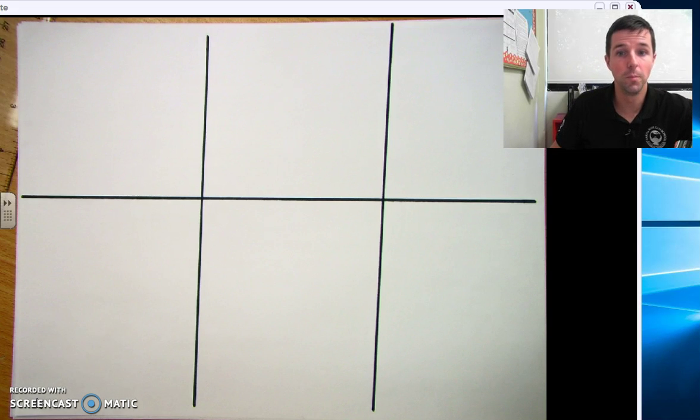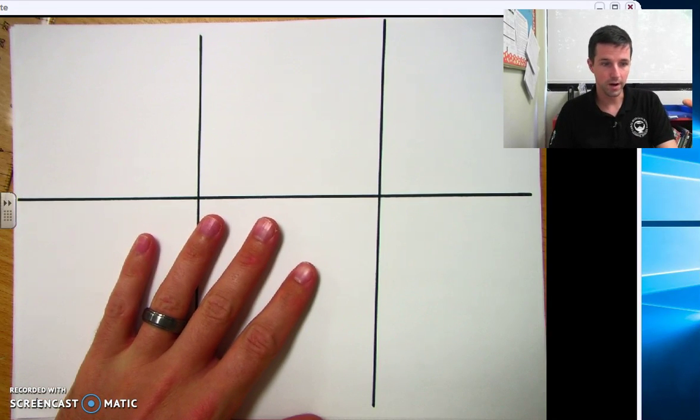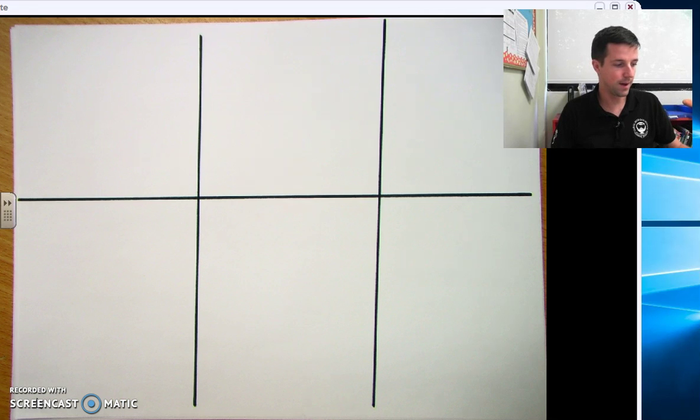All right, so I got my notebook ready. I've got my storyboard ready. And so I'm going to take a minute and think about what my story is going to be. In this case, I'm cartooning the daily life in feudalism. And because it's the daily life, I'm going to start off on a feudal manor in the morning.